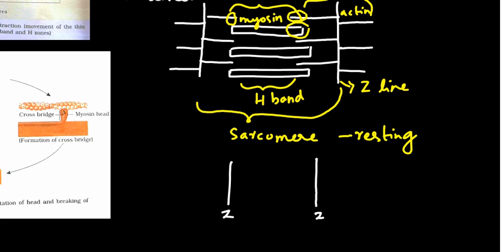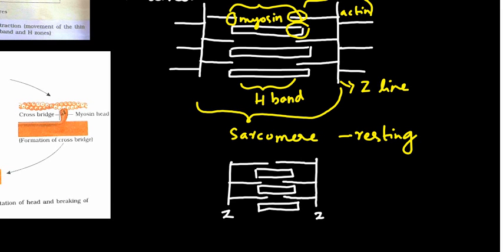Myosin will not have any change. They will remain the same. What is pulled forward is the actin filaments. They will be pulled closer. And that's how sarcomere becomes the functional unit of muscle contraction. These are actin filaments, and the thick proteins are called myosin filaments.